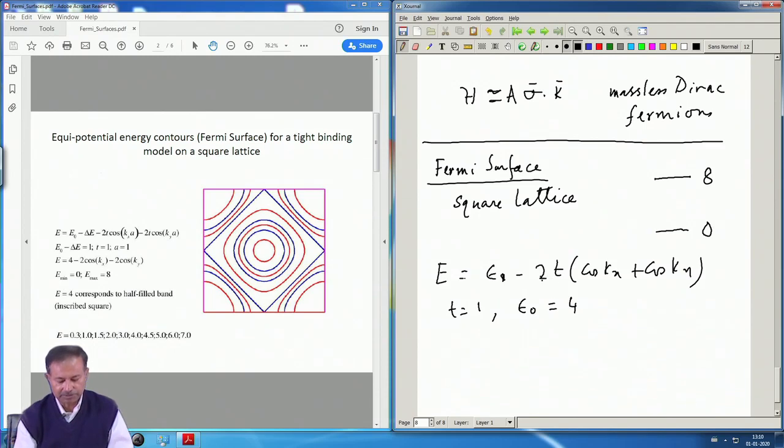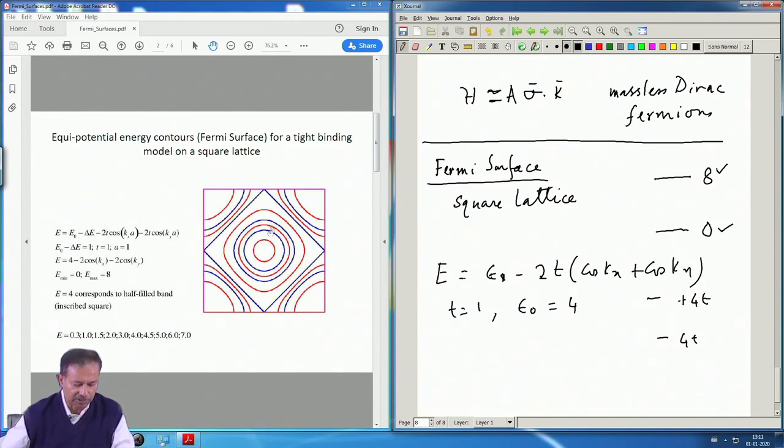So, here for example, it goes from minus 4T to plus 4T, right. Minus 4T is minus 4, but there is a plus 4 here already, epsilon naught is set to plus 4. So, minus 4 plus 4 will give you 0. So, that is the band minimum here, and the plus 4T will take you all the way up to 8. So, 8T, T being 1, is the bandwidth. So, all the bands are within this anyway. So, that is what we had done earlier.